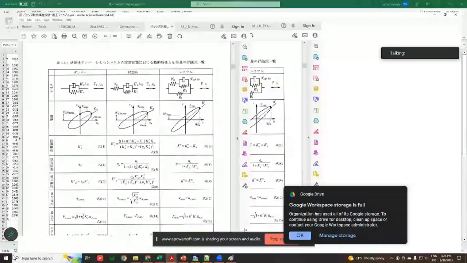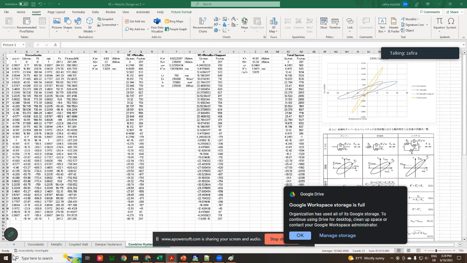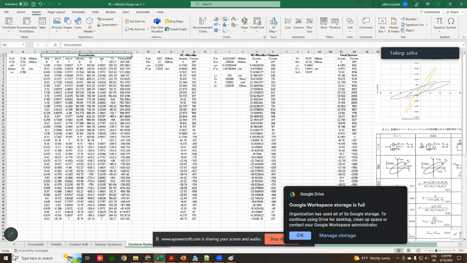This is viscoelastic only, and this is combined with support in this book, but here the support I changed to metallic damper. The formula I can use is the same as this one. It's just changing the stiffness. So here we have viscoelastic. But in this case, KB is elastic stiffness. Elastic stiffness, yes. So it's not the hysteresis damper.